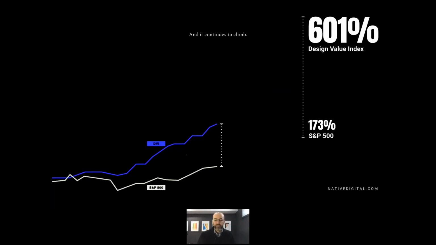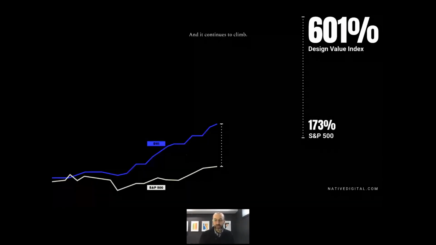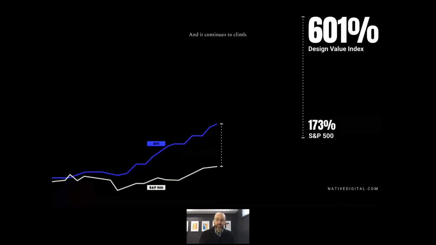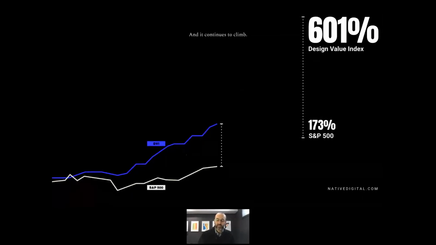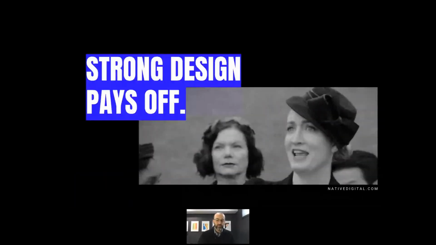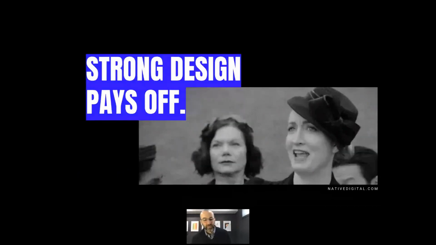But the DVI continued to grow by 601%. So it wasn't just one individual stock that rocketed to the top, it was many of them. So almost the majority of them outperformed the S&P 500, and a few of them are very high performers. So again, this is one of those cases where if you don't know how to justify design, it can be quantified if you isolate it in the right ways. So again, strong design pays off.